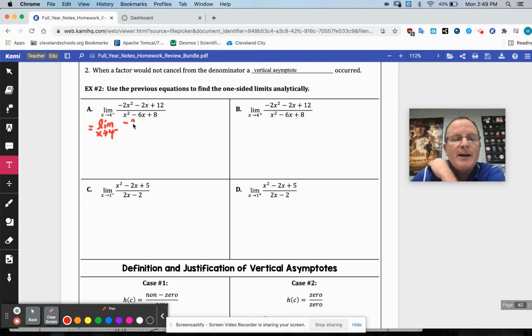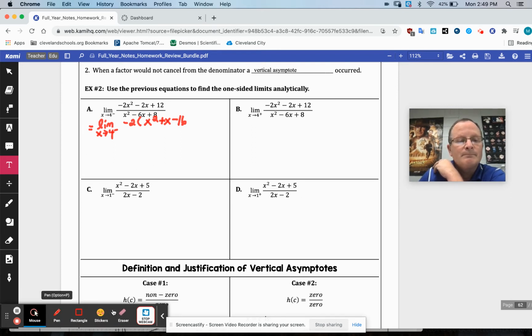I have -2 that I can factor out, and I'm left with x squared plus x minus 6, not 16. I'll go ahead and factor that denominator while we're here. All right, and so factors of 8 that add to give you -6.